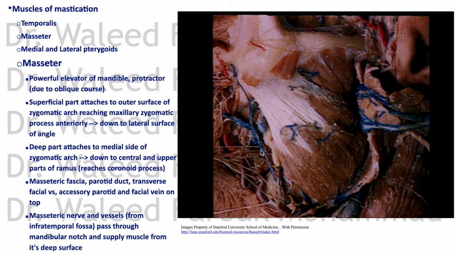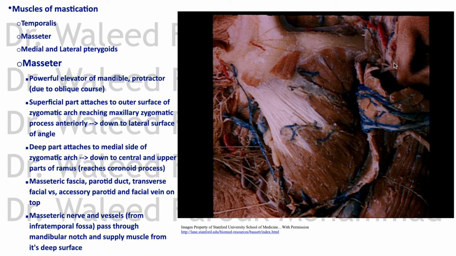Another thing about the action: since it goes obliquely, downwards and backwards, not straight downwards, it adds to the elevation function that it can assist in protracting the mandible, pulling the mandible anteriorly. So it will be the antagonist, together with the lateral pterygoid that we'll study later, for the horizontal fibers of temporalis.